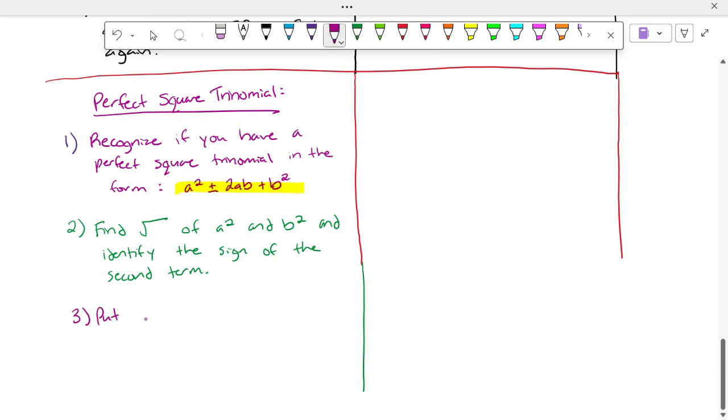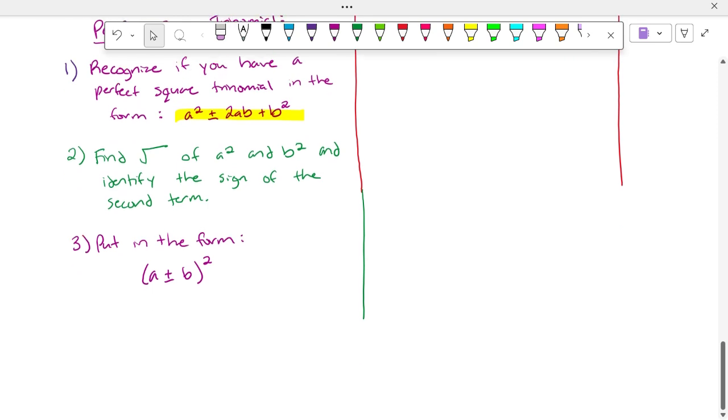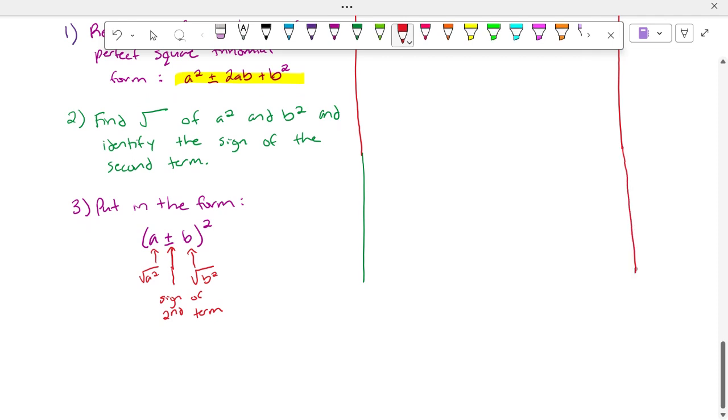And then put it in the form a plus or minus b, squared, where a is the square root of a squared, b is the square root of b squared, and this is the sign of the second term. So we talked about this, guys, when we did completing the square in the last unit.